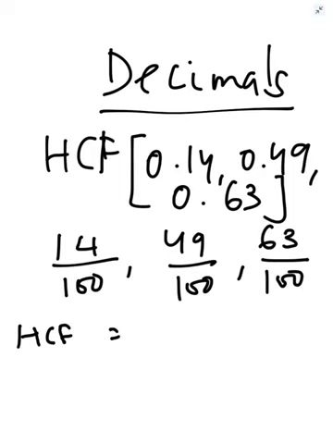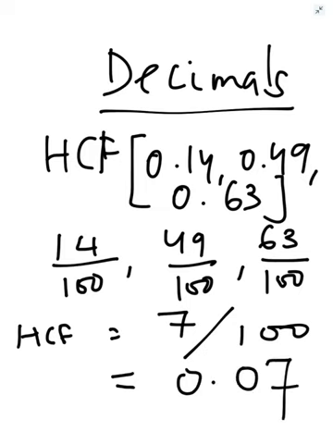The HCF of the numerators will be 7 and the LCM of the denominators, because denominators are the same, will be 100 only. So 7 upon 100. But again now you have to convert into decimal because the question was asked for the decimals. So 0.07 is the final answer or the final HCF of the given fractions.